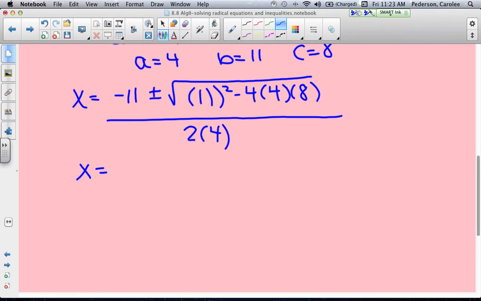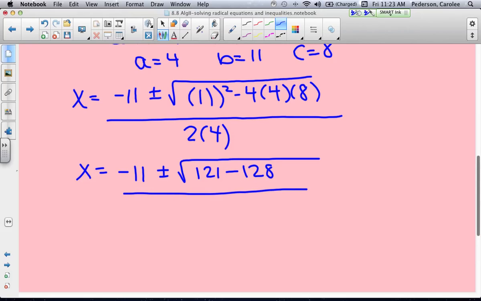So x equals negative 11 plus or minus, and then 11 times 11 is 121. And then negative 4 times 4 times 8 is 128. And then 2 times 4 is 8. Now we reduce the radical.